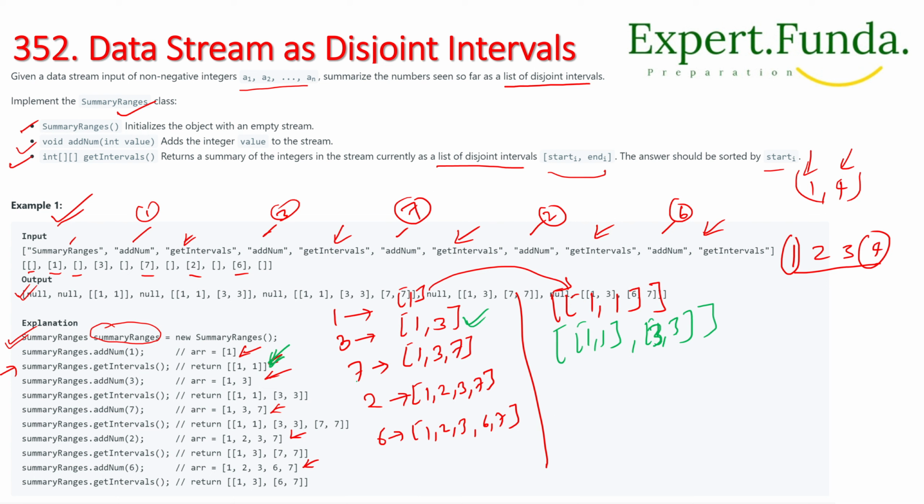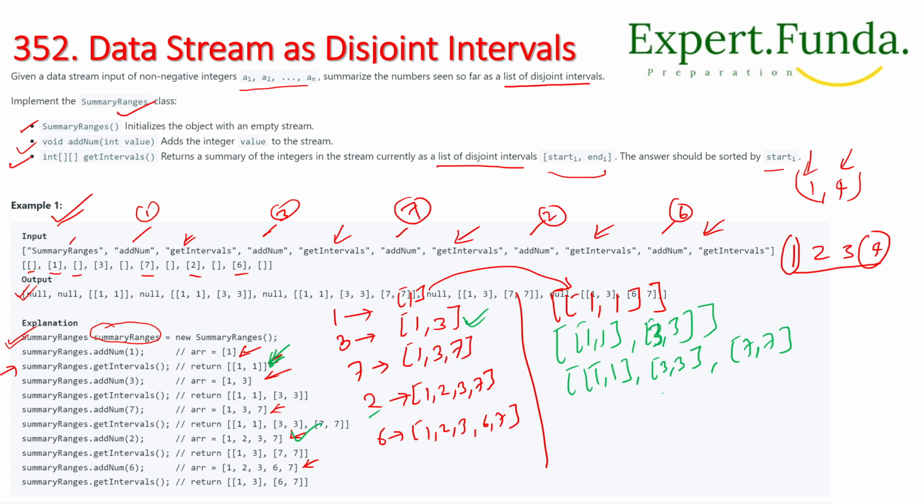Next time, if we add 7, our intervals will look like 1 1, then previously we have 3 3, and the new one will come like 7 7, as you can see here. Once this is there, 2 is coming now, so we have to merge the intervals.